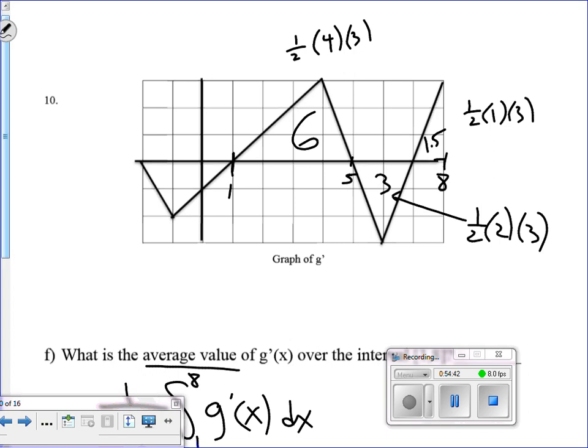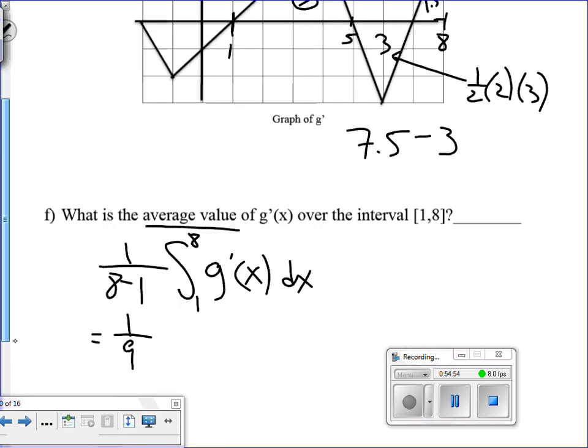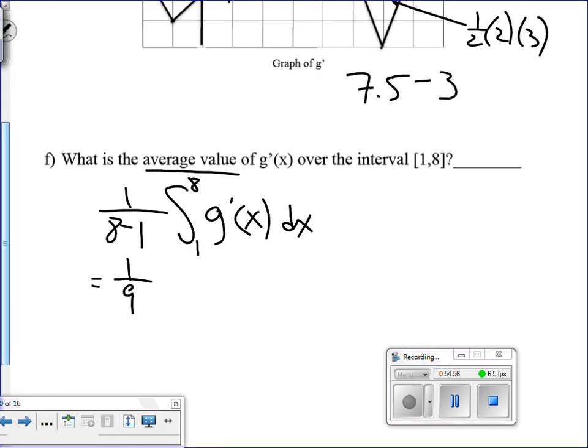So the definite integral from 1 to 8 of g prime is going to be 7.5 minus 3. So area above minus the area below. So that would be 4.5 if we subtracted. So 1/9 of 4.5, or 9/2.